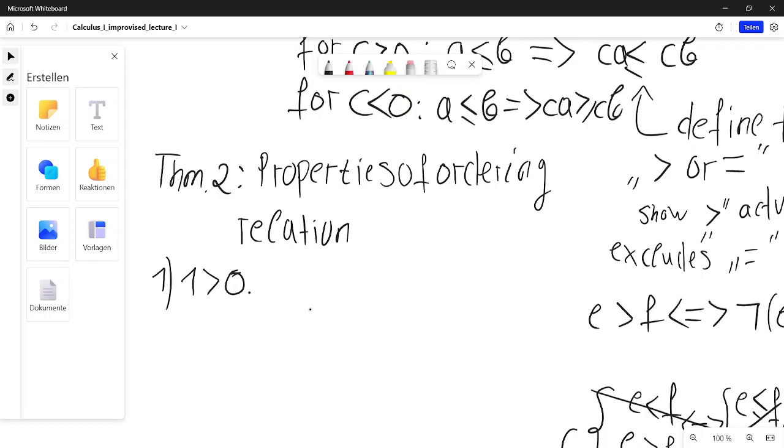That 1 is actually bigger than 0. How would we do that? Let's try the first thing that comes to mind when we have to prove some statement: assume 1 is smaller or equal to 0.